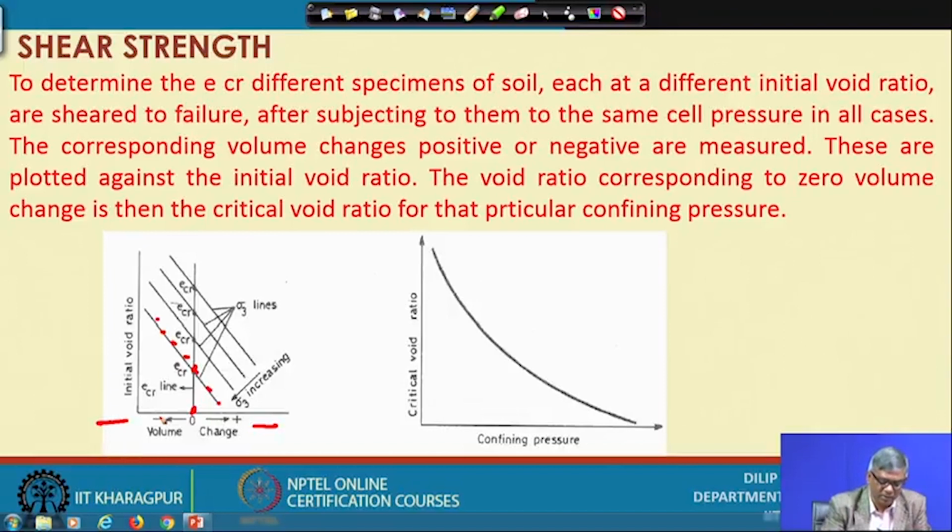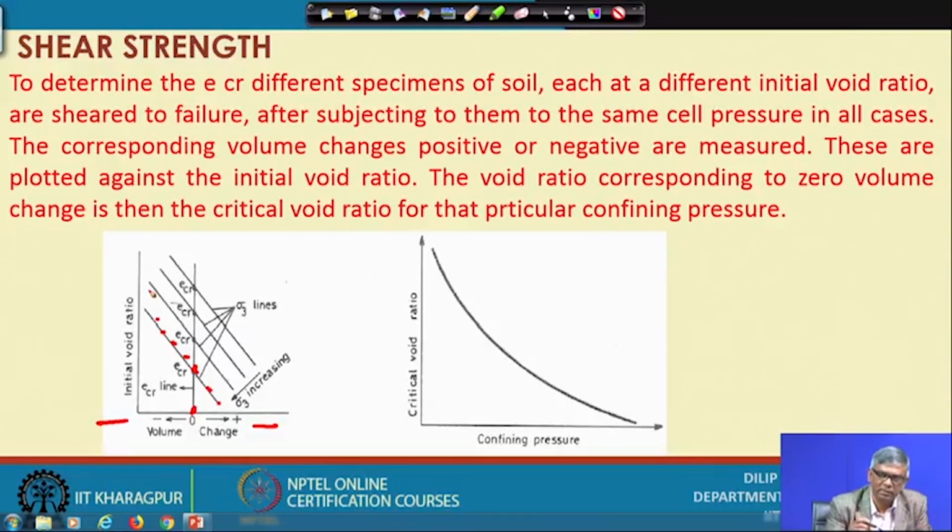Suppose I have conducted this test with sigma 3 equal to some value, say 10 kPa, 20 kPa or 100 kPa. Now I will do another set of tests with another confining pressure, say 200 kPa. Again I choose an initial void ratio, shear, and see the volume change.